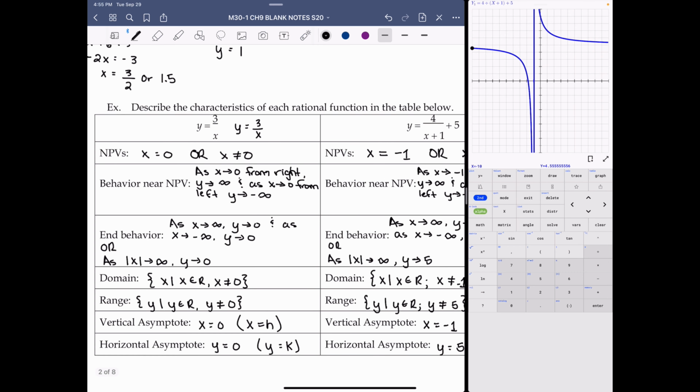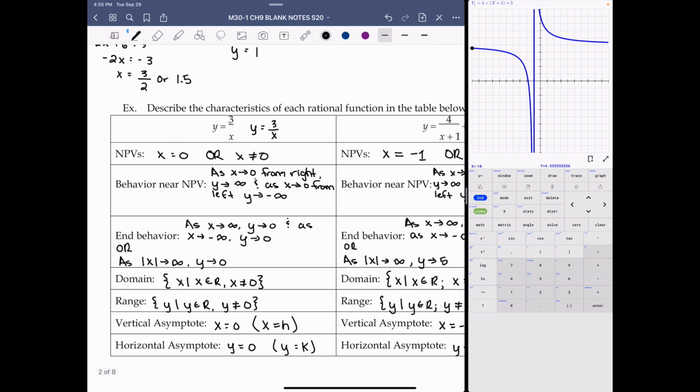We can do the same thing for the behavior near the non-permissible values. Instead of saying as x approaches 0 from the left and as x approaches 0 from the right, we can say as x approaches 0, so from either direction, absolute value of y approaches infinity. So that means both y approaches infinity and y approaches negative infinity.